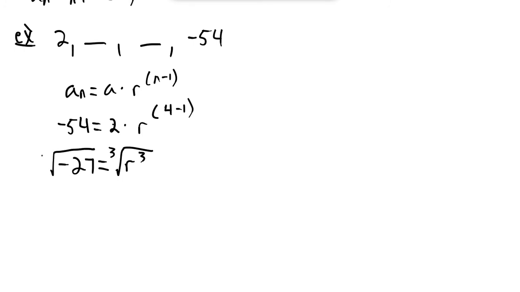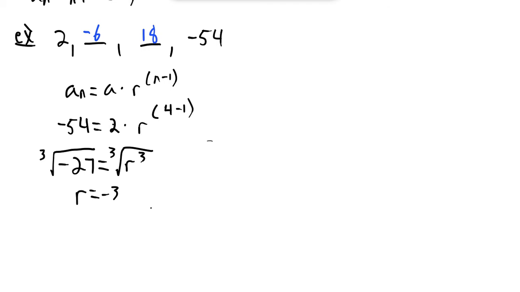And what's the cube root of negative 27? That's going to be r is negative 3. So we can use this. 2 times negative 3 will give us our next term, negative 6. Negative 6 times negative 3 will give us positive 18. Positive 18 times negative 3 will give us negative 54. So we're all set there.